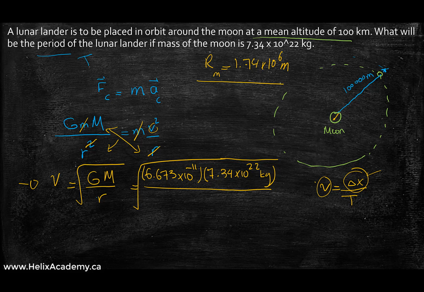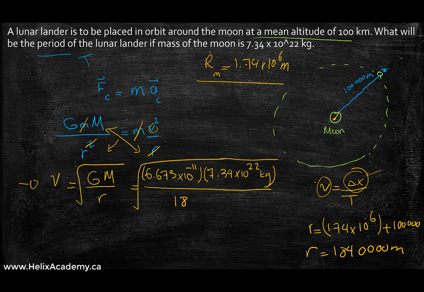Since r is the distance between the center of the moon and the lunar lander, I can write that as 1.74 times 10 to the power of 6 plus the 100,000 meters, which is going to be equal to 1,840,000 meters, and that's r.